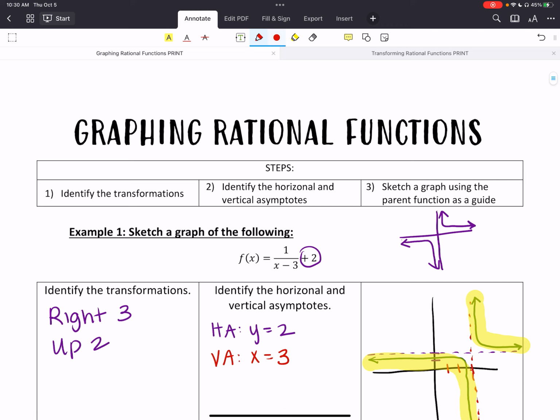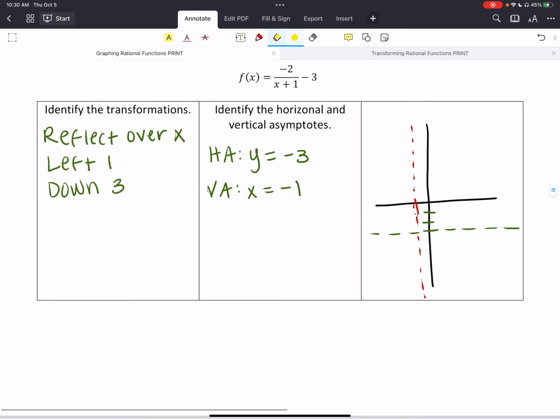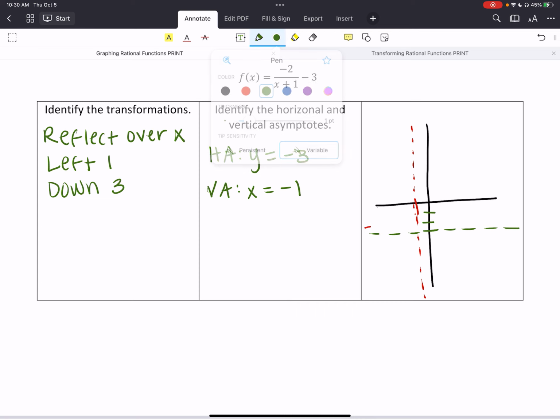So instead of starting down in this quadrant, when we reflect, we start in the top quadrant. So we're going to start up here. And then when you shift, which I didn't write down, so I hope you caught that. So our vertical, we also have a vertical stretch by 2.